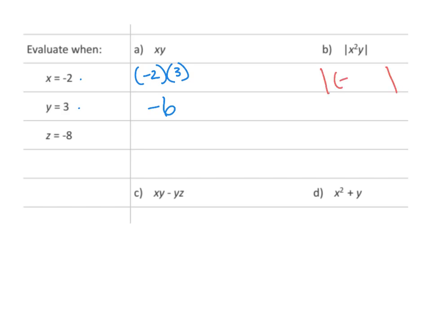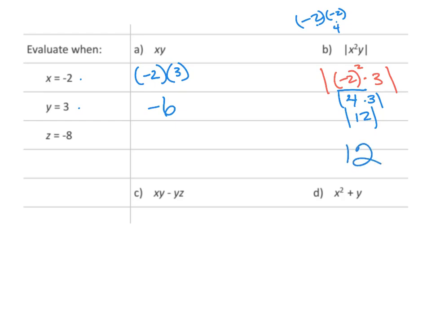X squared, so it's negative 2 squared, times y, which is 3. So let's start with the negative 2 squared. It's like saying negative 2 times another negative 2. 2 times 2 is 4. Negative times a negative is a positive. So this is 4 times 3 is 12. Absolute value of 12 is 12.